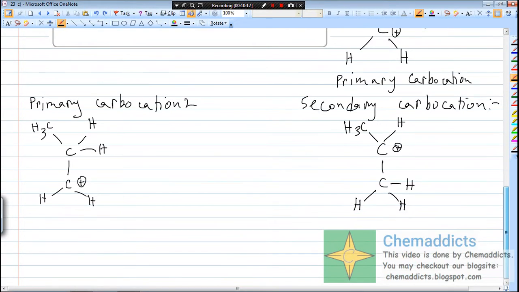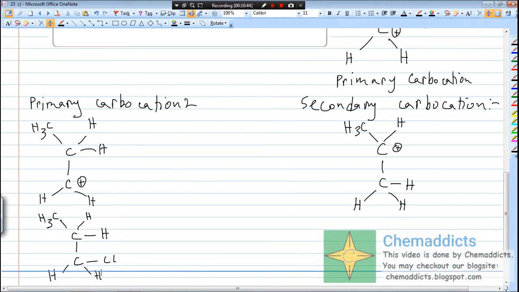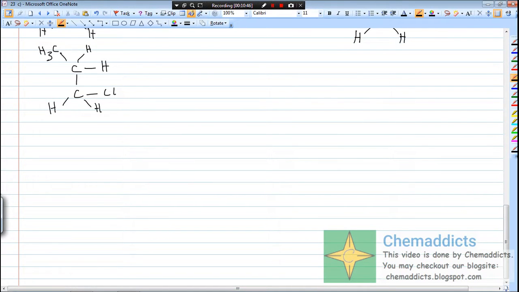So in here we can see that from this carbocation this thing is formed. Okay, and from this particular carbocation this thing is formed.